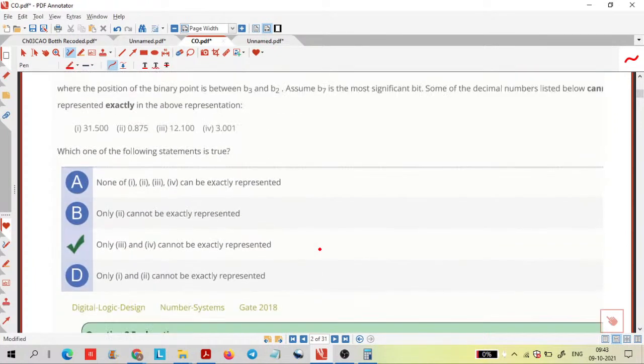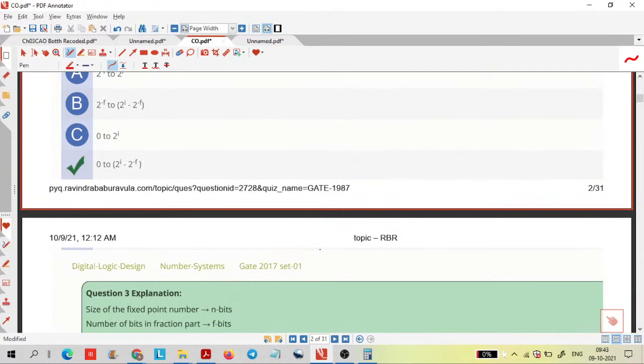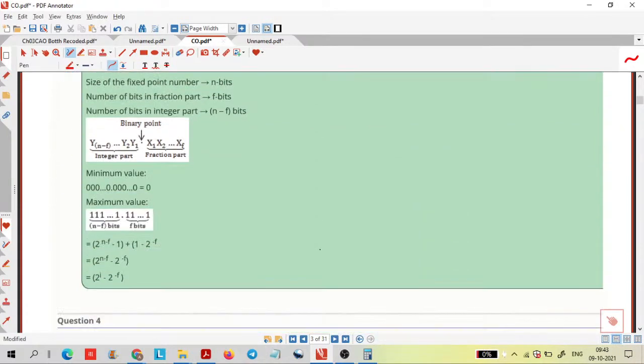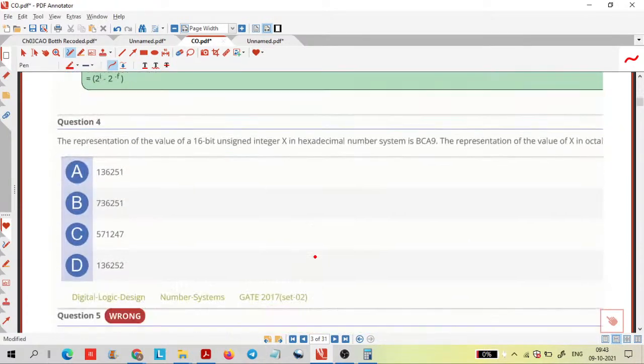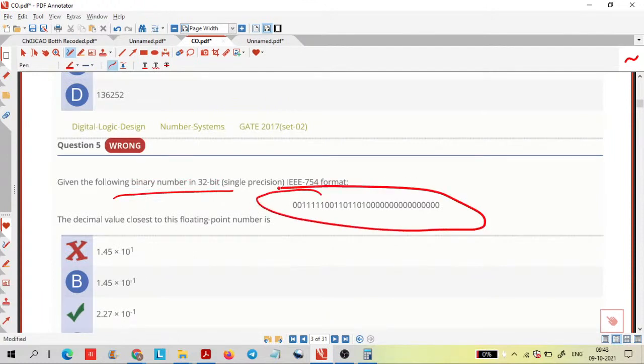And there is one more example. For most of the examples they ask in reverse because normally we think in a normal way, like decimal to binary. Here also, look, given the binary 32-bit value, that is the result, and you need to find this one, 2.27, that is your answer.